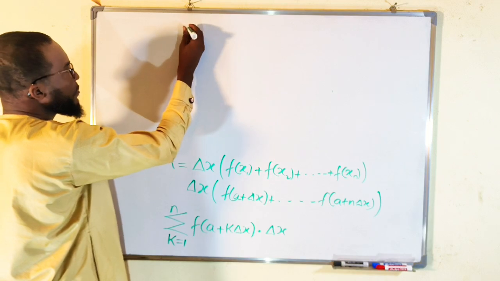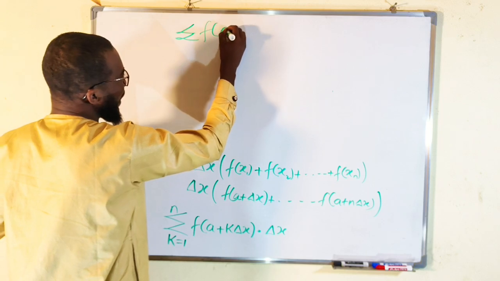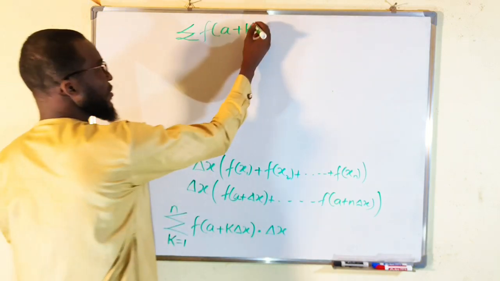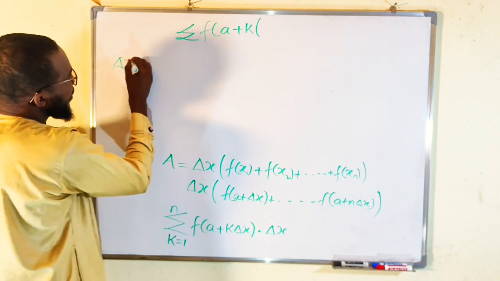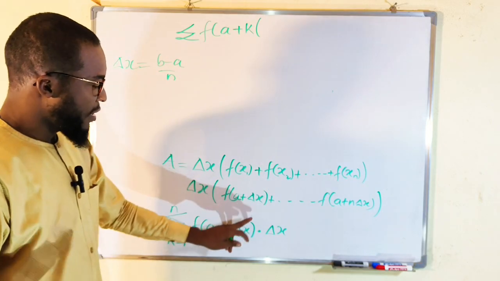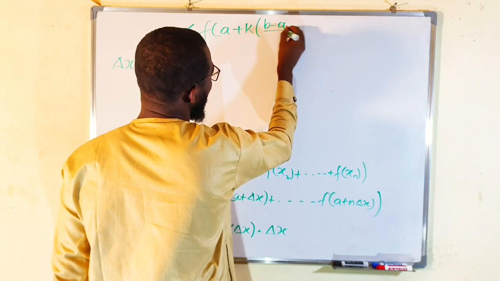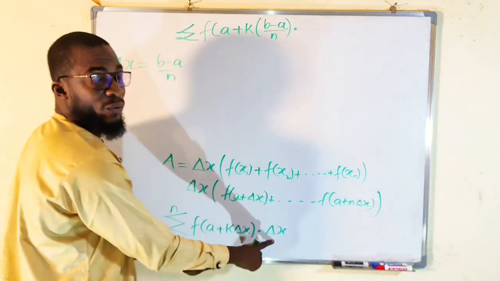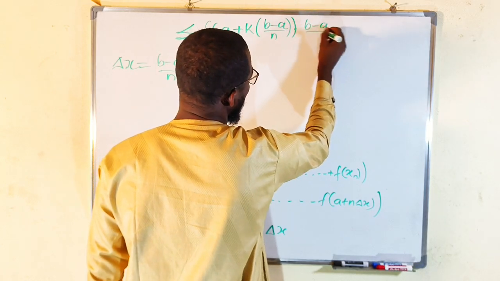So we have the summation of f of a plus k times dx, but remember that dx is equal to b minus a divided by n. So that's what I want to replace dx with. So we have b minus a divided by n. Remember, we still have another dx outside, which is still b minus a divided by n.